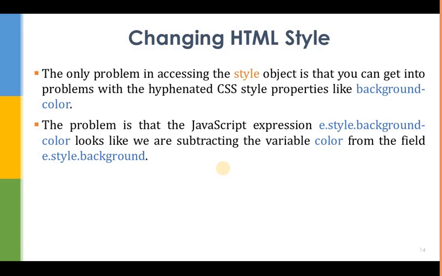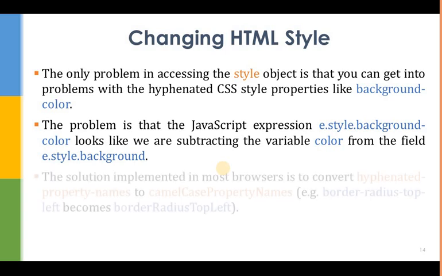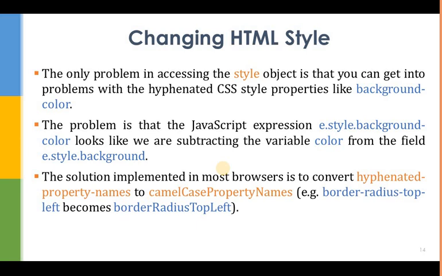So this is one minor problem that happens whenever you access the style object to dynamically change the style of your particular HTML tag. Now there is one solution, implemented in most browsers, which is to convert hyphenated property names to camelCase property names. That means if you have the property border-top-left-radius, it will become borderTopLeftRadius. So you don't need to tackle it yourself, your browser will handle it.